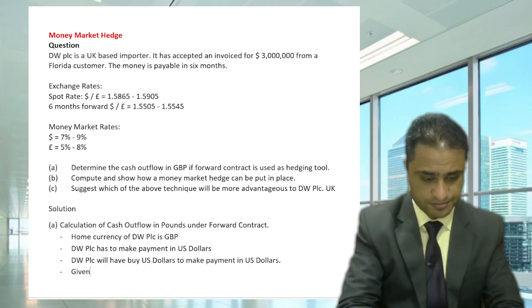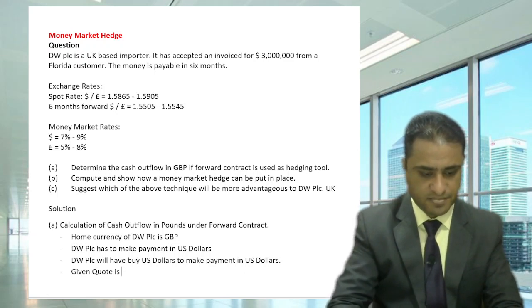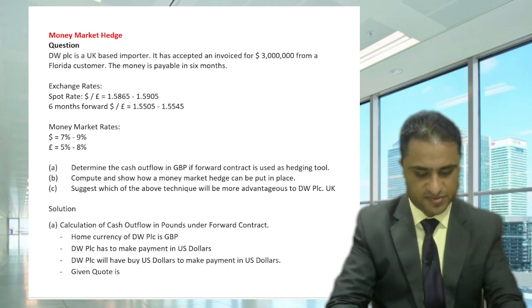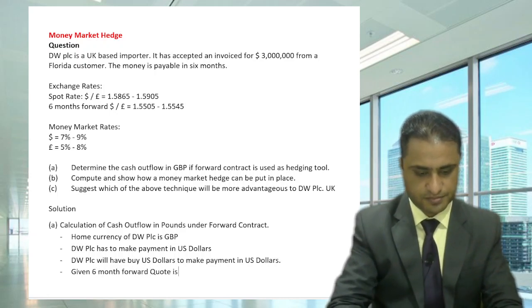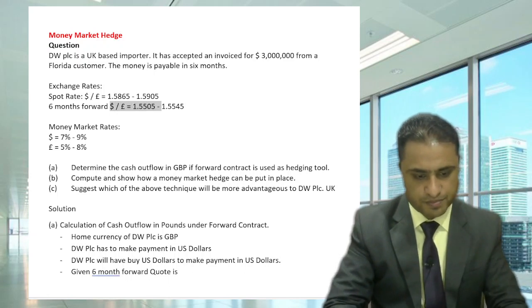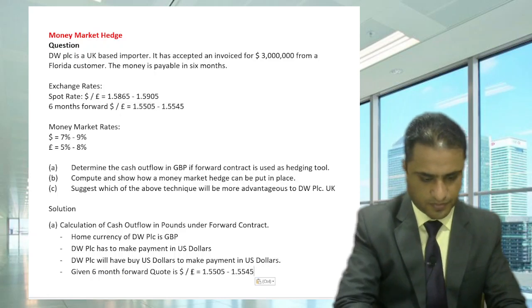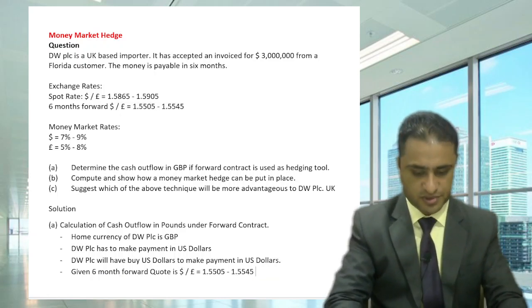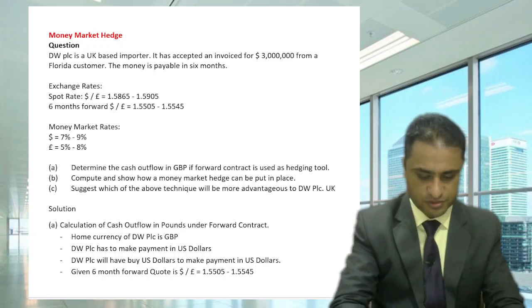The given quote, the 6 month forward quote, is in dollar per pound: 1.5505, 1.5545.